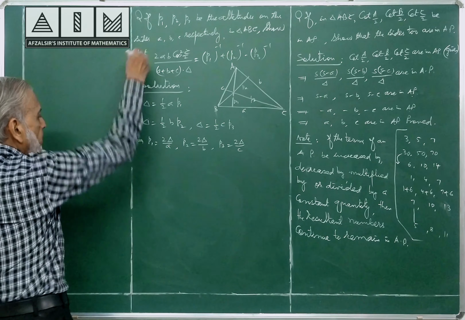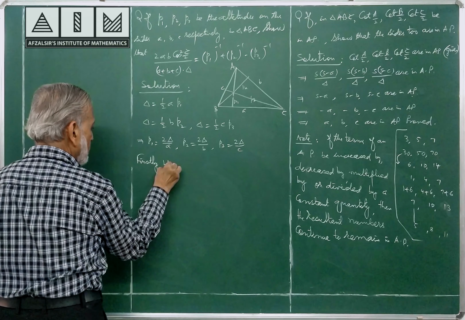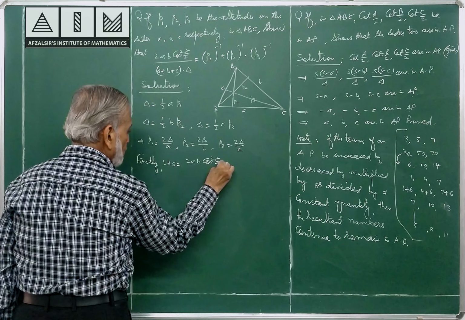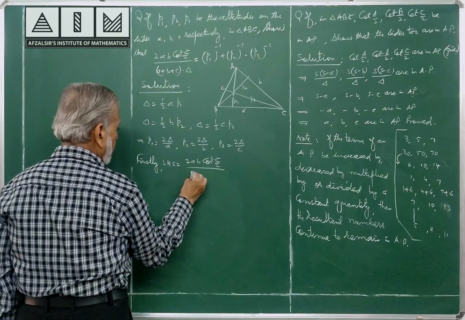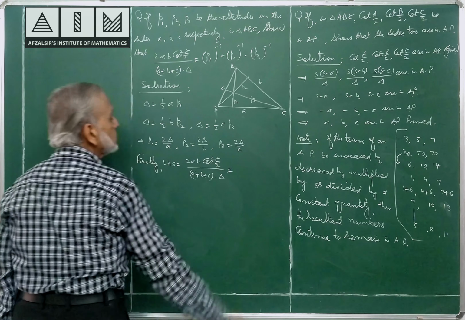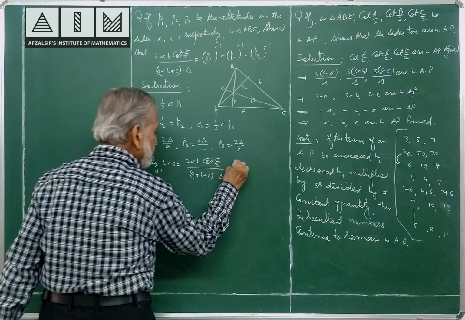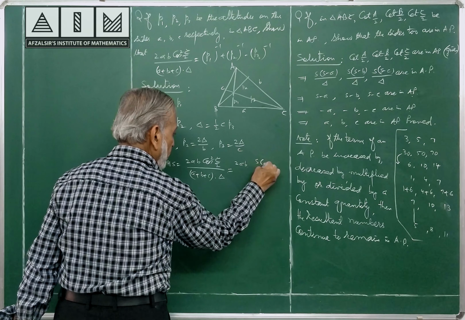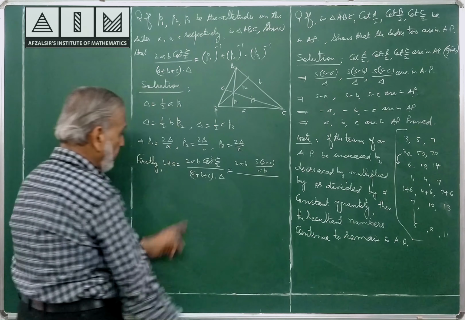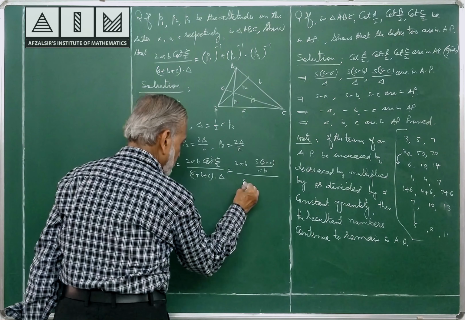Let us start. Firstly, left hand side. 2AB cos square C by 2 by A plus B plus C, delta. 2AB as it is, cos square C by 2, there is a formula S into S minus C by AB, no under root because of cos square. 2AB cos square C by 2, A plus B plus C is 2S, delta.